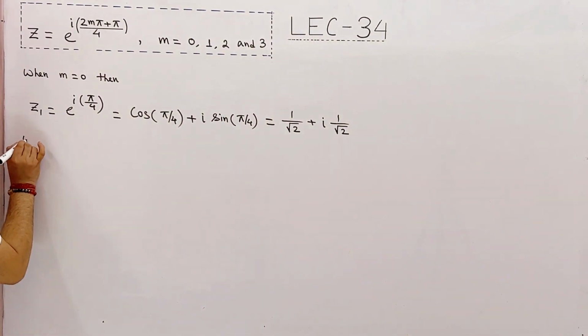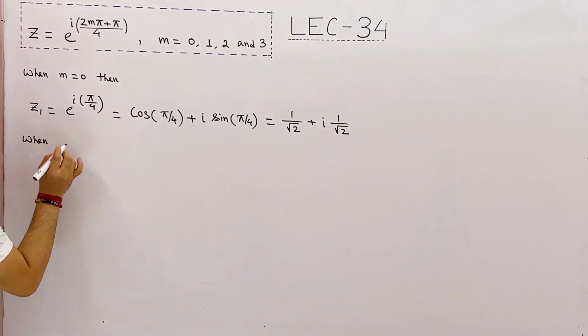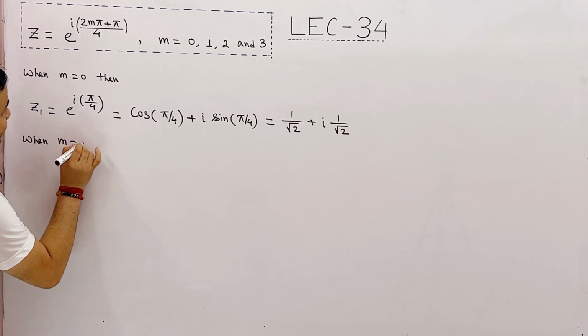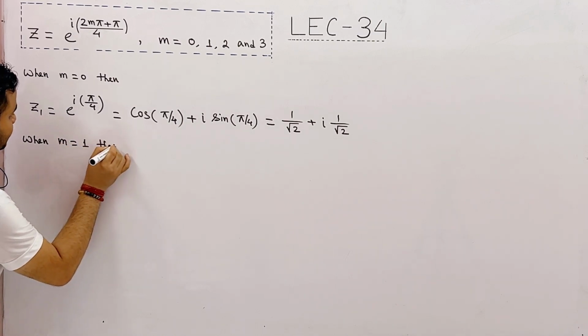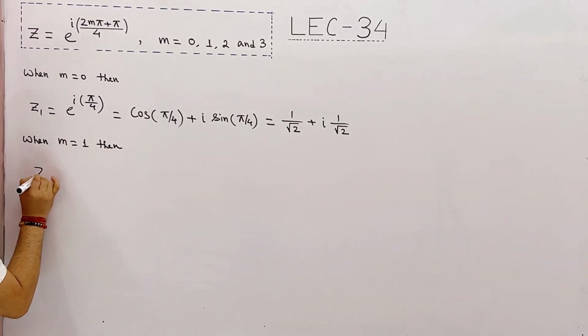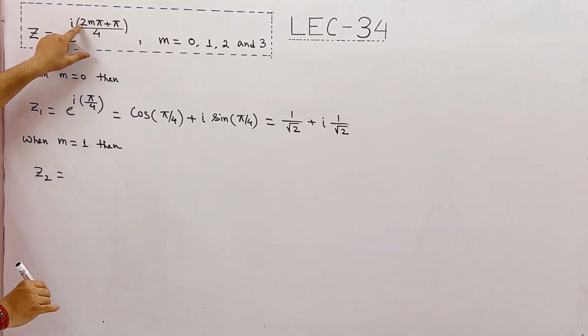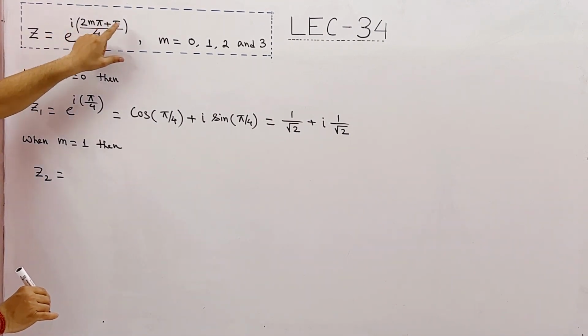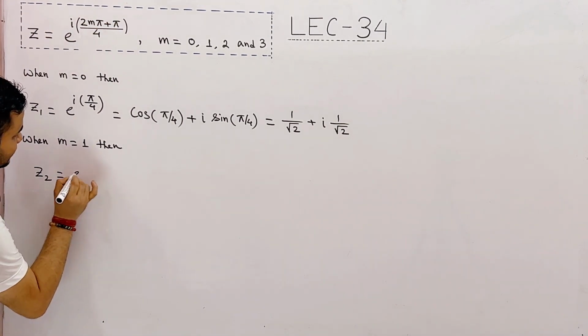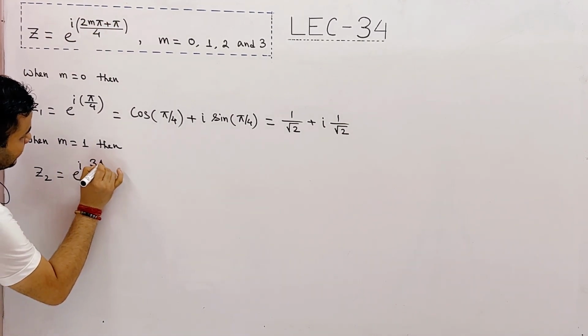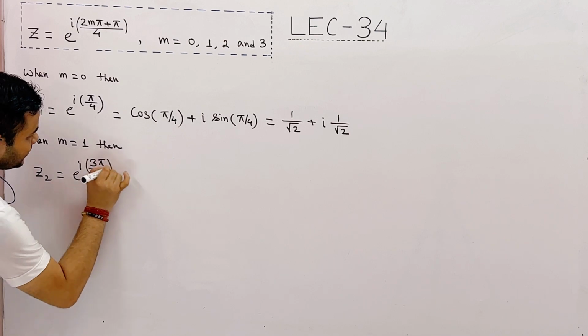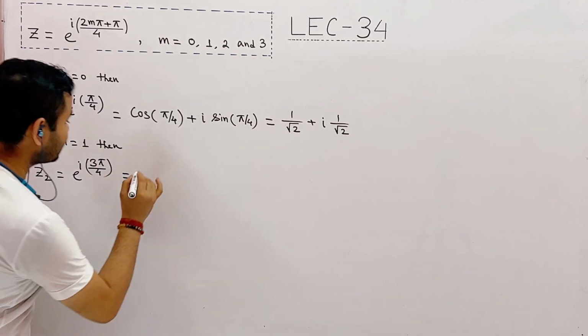Next, let us find out the second pole. So, when m equal to 1, then z2 is equal to e to the power iota (2 into 1 into pi plus pi), that means e to the power iota 3 pi by 4. Next, apply de Moivre's theorem.